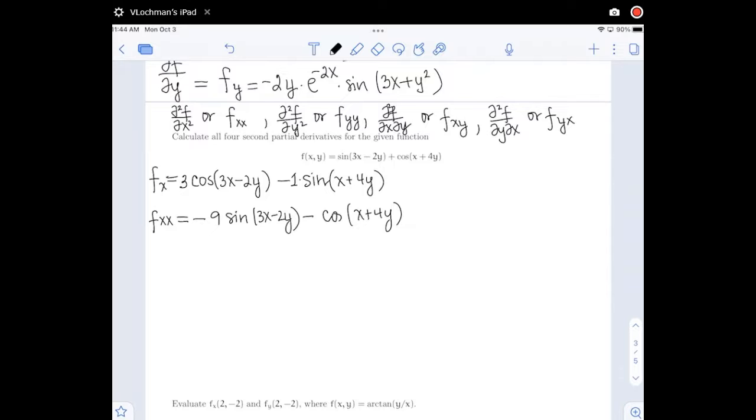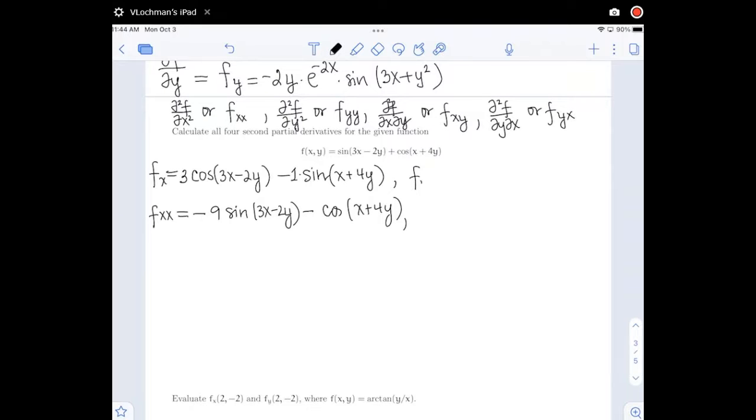Okay, let's go ahead and deal with f with respect to y. I'm going to need more room than that, I think. Let's see. F with respect to y first. Okay, the derivative of sine is cosine 3x minus 2y.